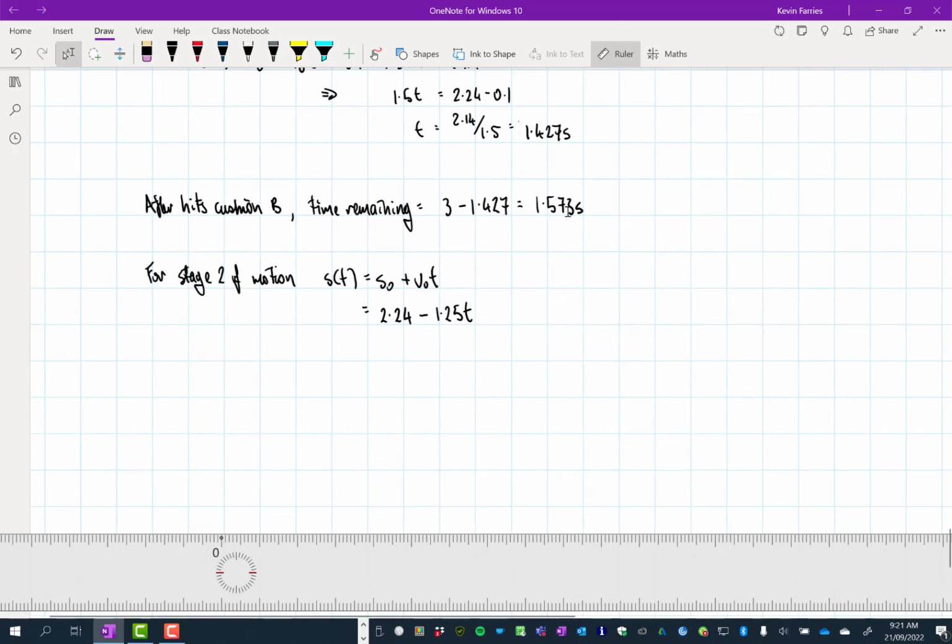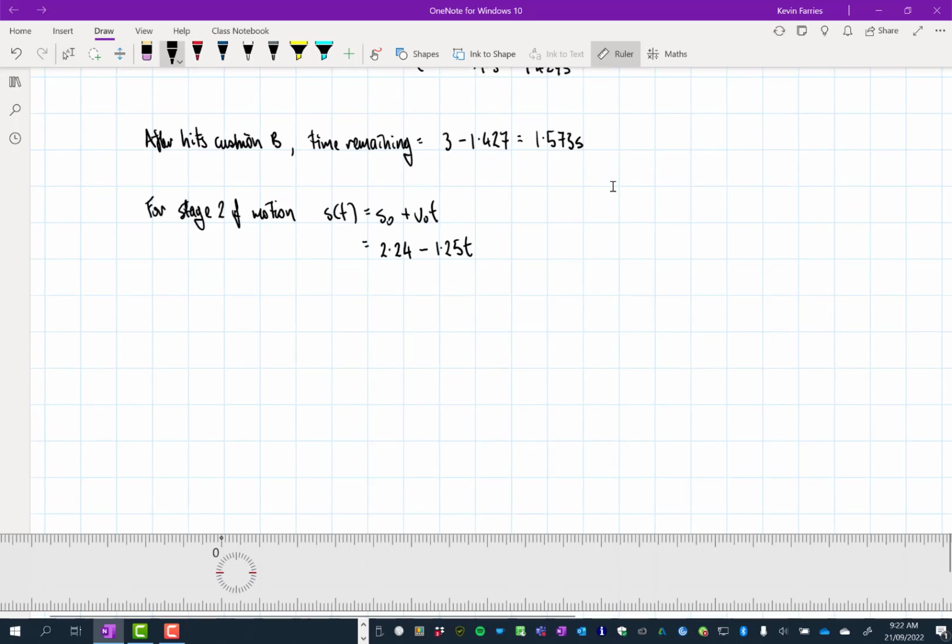We want to figure out where the ball is after another 1.573 seconds has passed. So S at time t is equal to 2.24 minus 1.25 times 1.573, which is equal to 0.273.